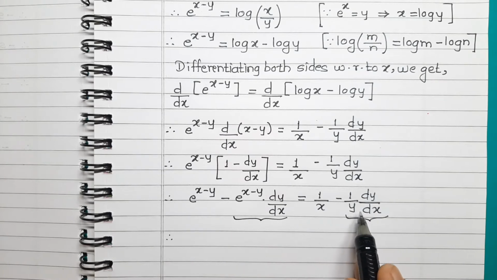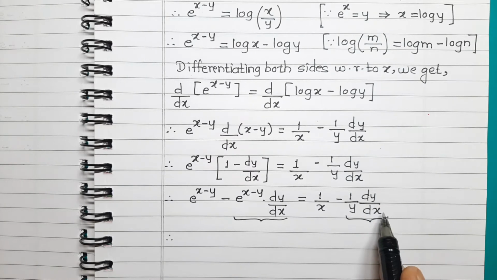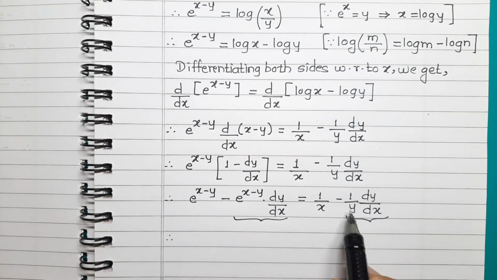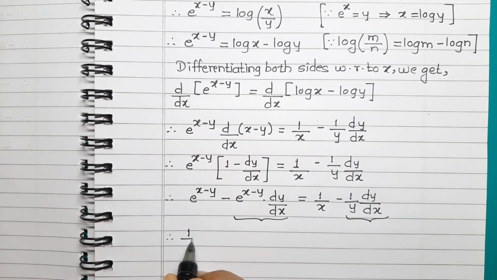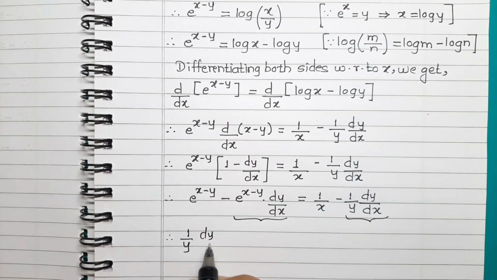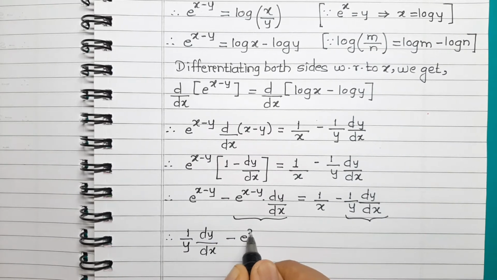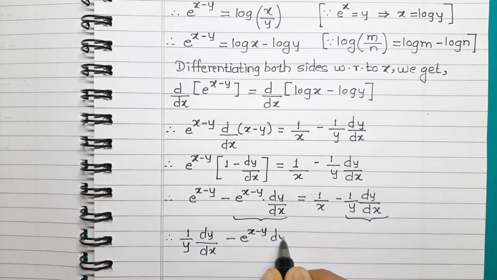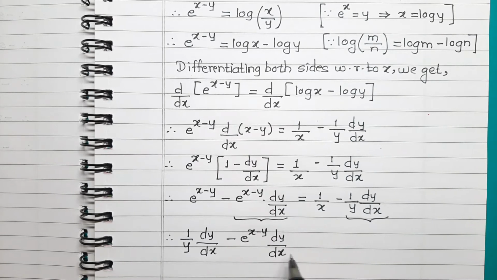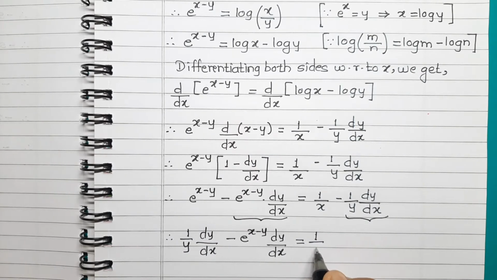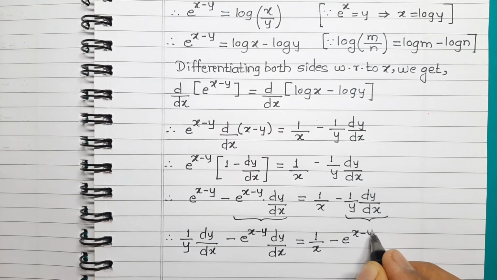On shifting the term containing dy by dx to the LHS, it will become plus. So here we will get 1 upon y dy by dx minus e raised to x minus y dy by dx is equal to, now let's shift this term to the RHS, 1 upon x minus e raised to x minus y.